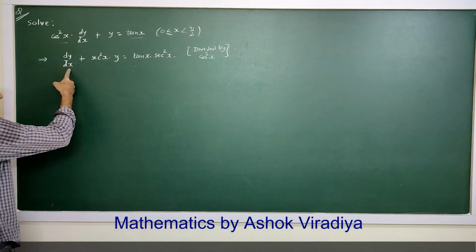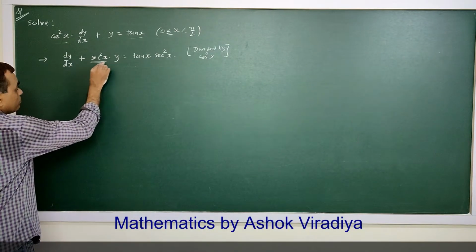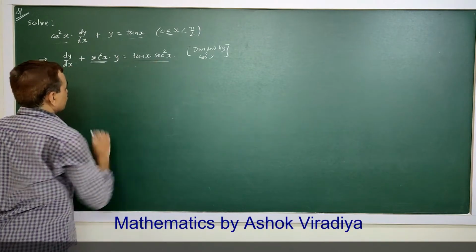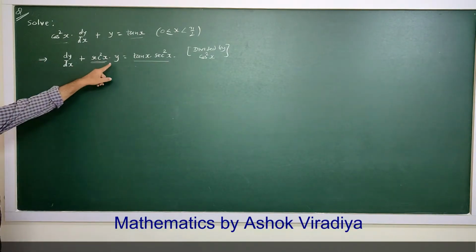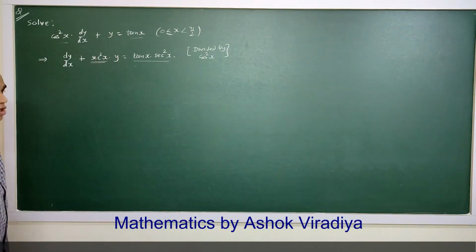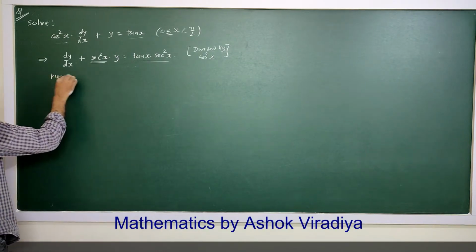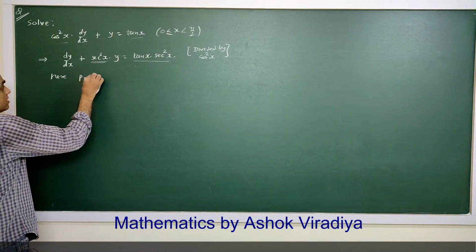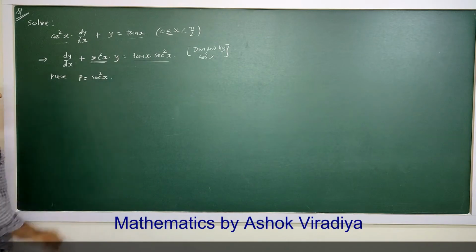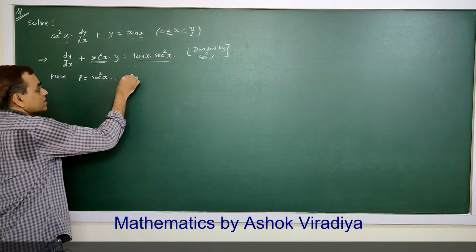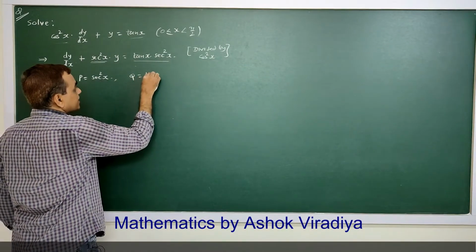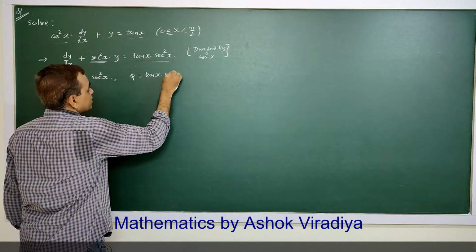Now dy by dx plus P into y equal to Q. So here P is sec square x, Q is tan x into sec square x.